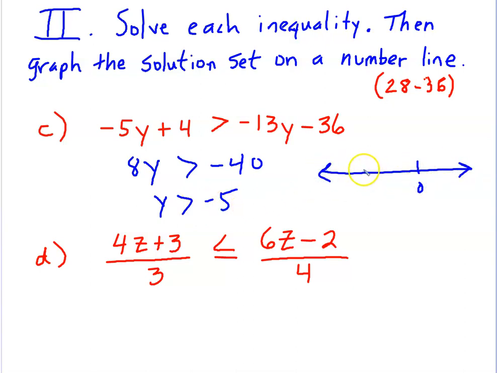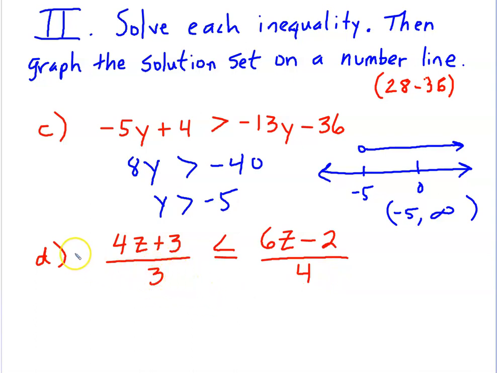So once again, relative to 0, it's going to be an open interval, so open circle shading to the right. With interval notation that would be -5 on the left, and it's approaching positive infinity going to the right.